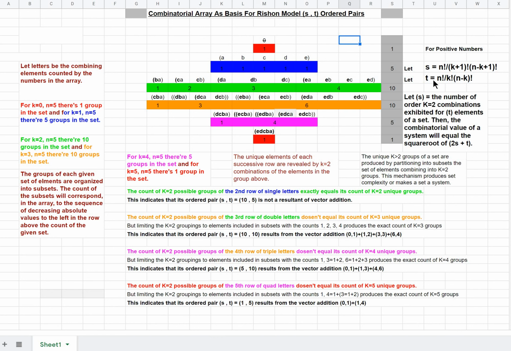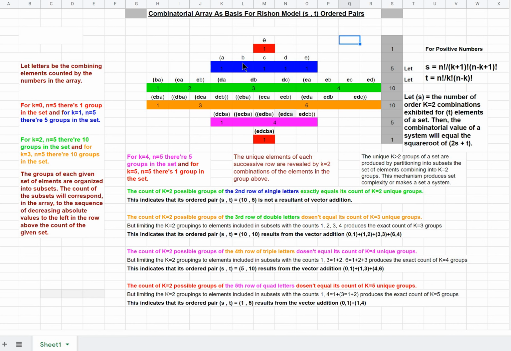Here I give the factorial formula for the number of t elements and s elements. So, if we look at the count of k equal 2 possible groups of the second row, the row of single letters, it will exactly equal the count of k equal 2 unique groups.